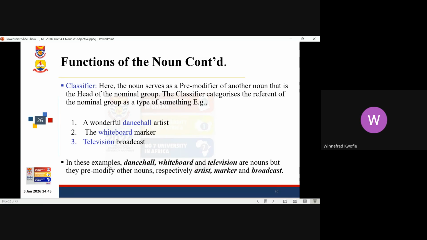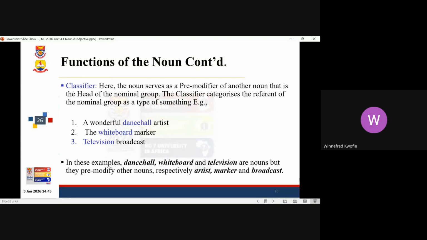Then we have now a function as a classifier. As a classifier, I said earlier that it identifies something as a part of a group or as a type of something. A wonderful dance hall artist, the whiteboard marker, television broadcast. So the marker, which kind of marker are we talking about? The whiteboard marker.